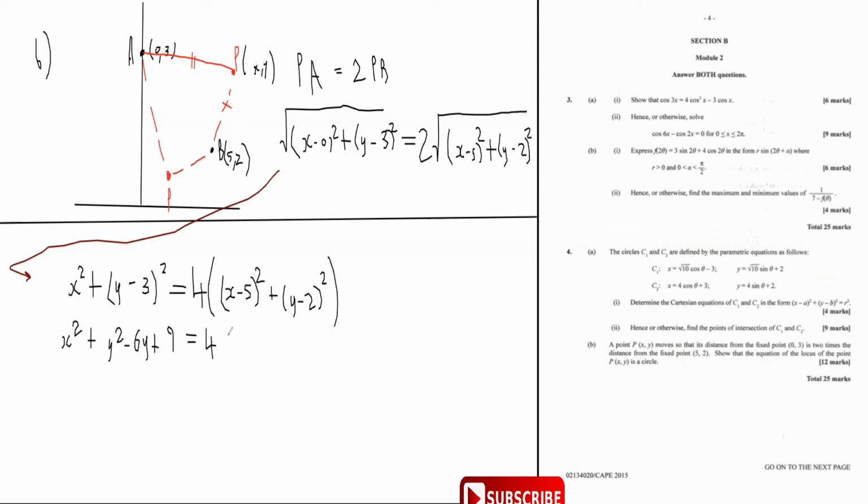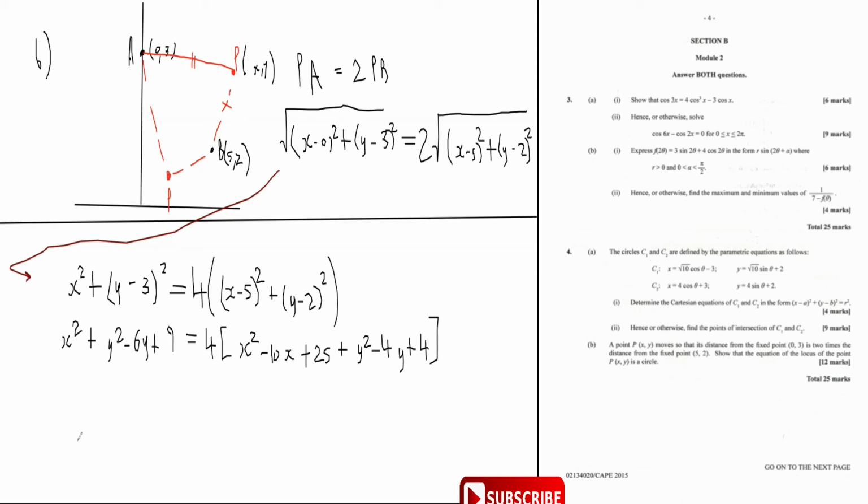If we expand out this side over here, it's going to be x squared minus 10x plus 5 squared is 25 plus y squared minus 4y plus 4. That is what we have. All right, good.